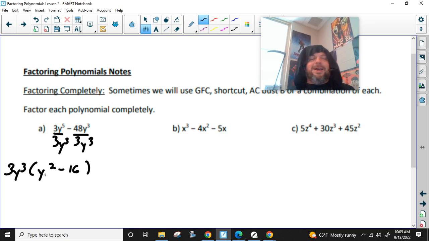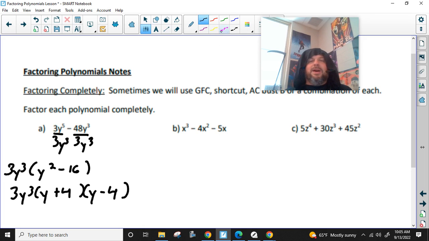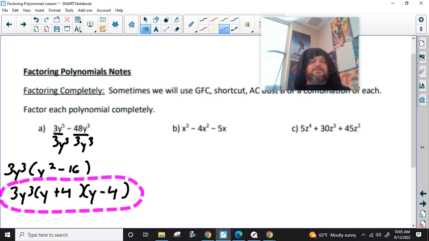Now, this right here, this y squared minus 16, this is a difference of two squares, which factors as y plus 4 and y minus 4. Now, we're actually all the way done, and this is why we're doing this today, because we have to get to this form right here to be able to solve this, okay?